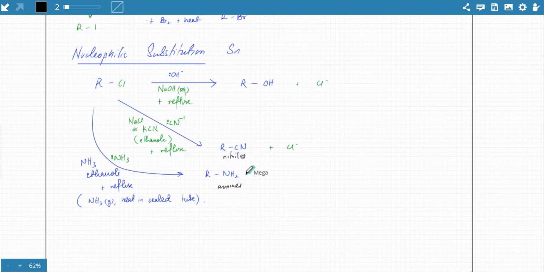So you have three separate reactions, and you have to memorize all the three reactions. In addition to that, what you also have to memorize is the mechanism of these reactions. So we know it's nucleophilic substitution, but what's the mechanism?